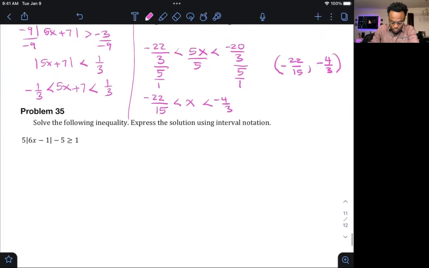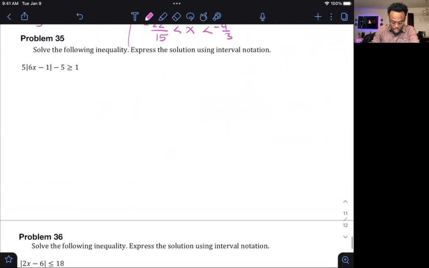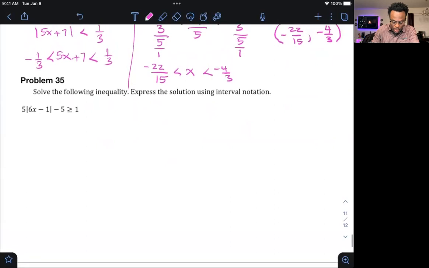Next problem, absolute value. We want to do it the same way. We can add 5 on both sides, and then 5 times the absolute value of 6x minus 1 is greater than or equal to 6. Divide by 5.